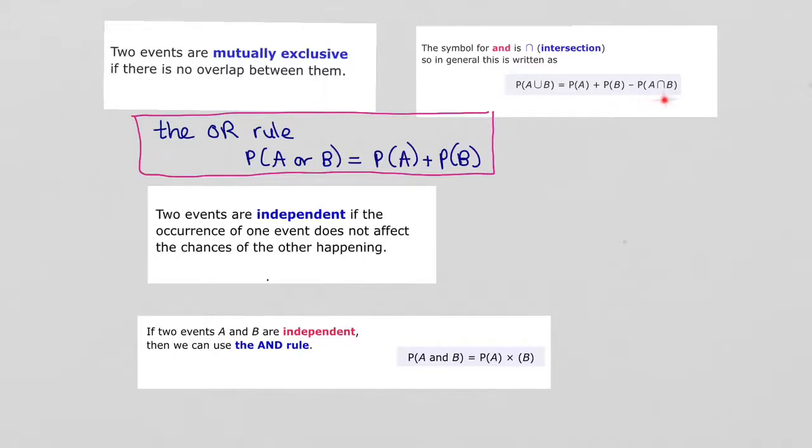And that would be naught. So you would just get this law here. Independent events do overlap, and it means one event doesn't affect the chances of the other. And if you've got two independent events, you have the AND law. These are all things from GCSE, it's just a recap, but they're there for you if you need them.